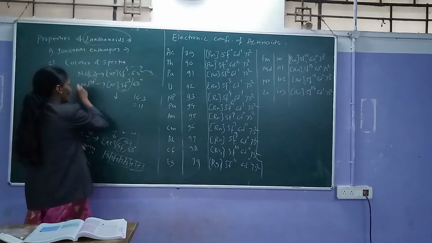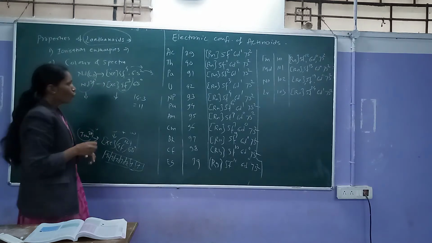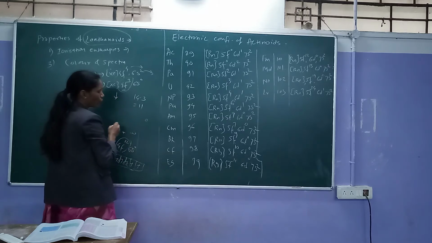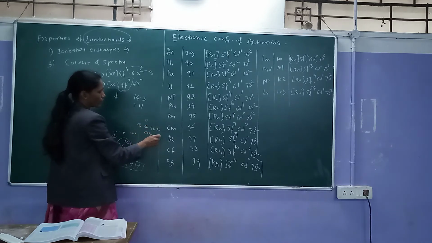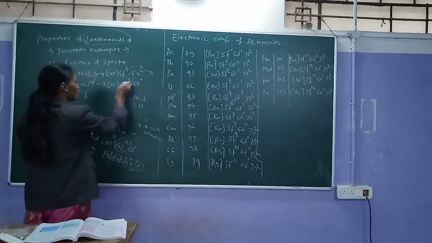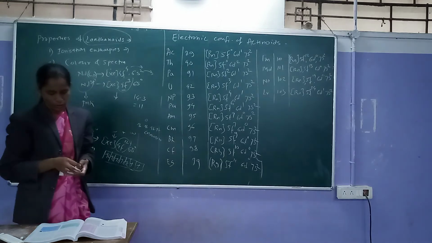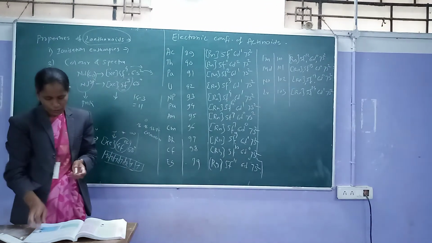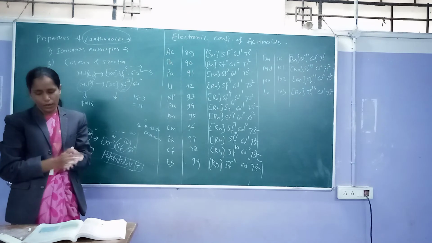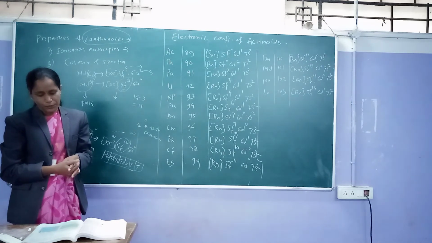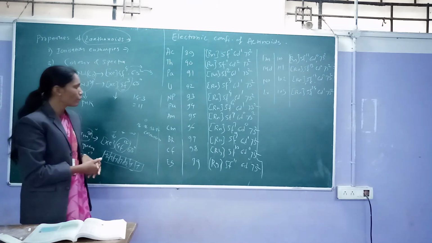So this compound is colored. When the last orbital contains 0 electrons or is completely filled, the compound is colorless. But here 3 electrons are unpaired, therefore this compound is pink. The color depends on the number of 4f electrons.